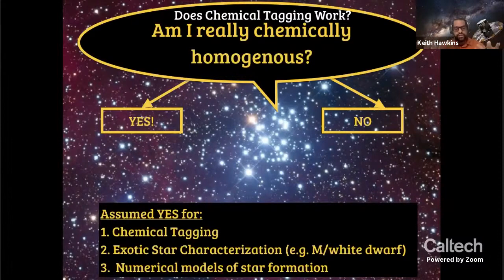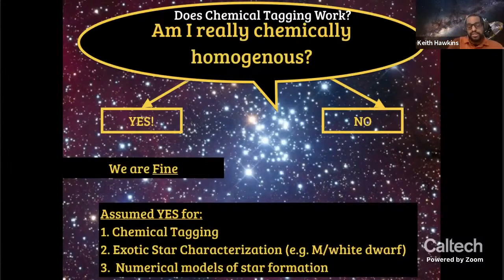So exotic star characterization, whether it's white dwarfs or M dwarfs, usually relies on having a white dwarf or M dwarf in a binary pair with another star that's easier to analyze. The underlying assumption there is that stars born together are homogeneous. So if the answer to this is yes, then we're all good. Chemical tagging can work. Exotic star characterization works.